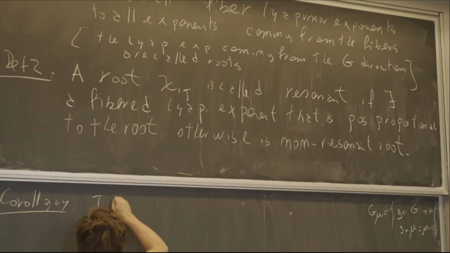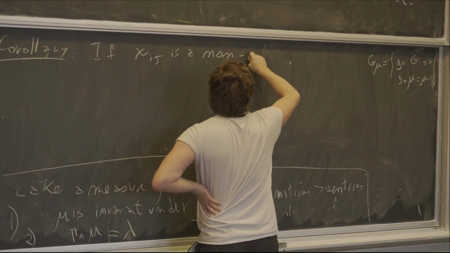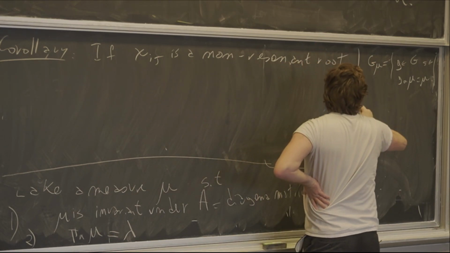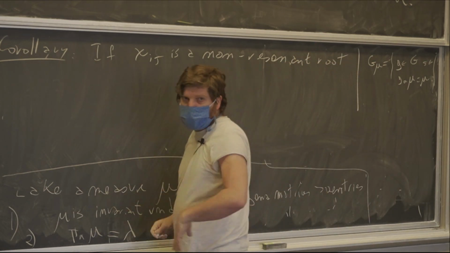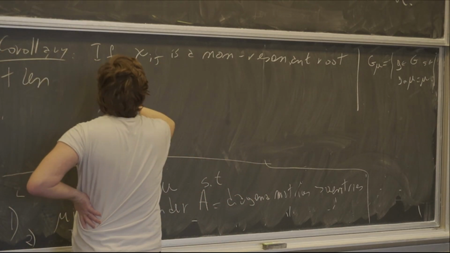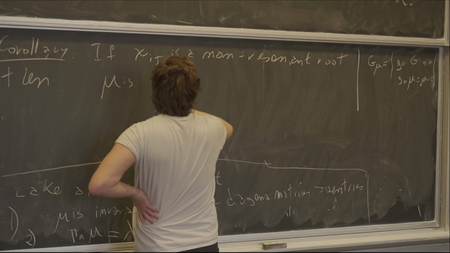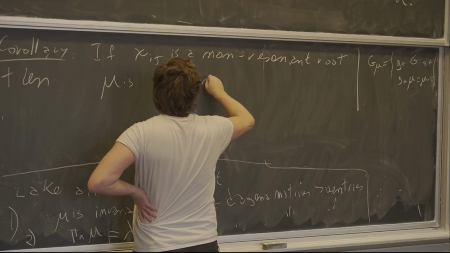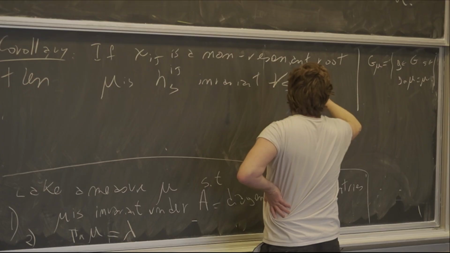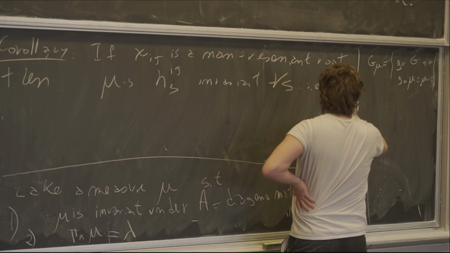Okay, so the corollary says that if chi ij is a non-resonant root, so always under the same assumptions because it's a corollary, then mu is Hij invariant for every s, i.e. Hij belongs to G mu for every s.